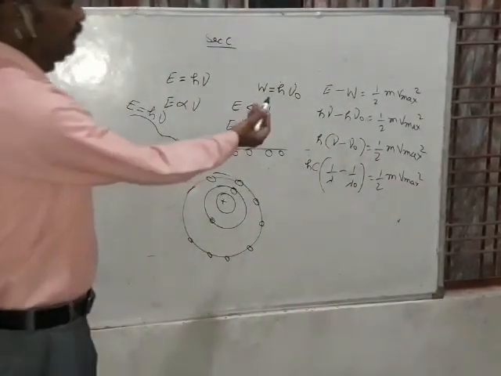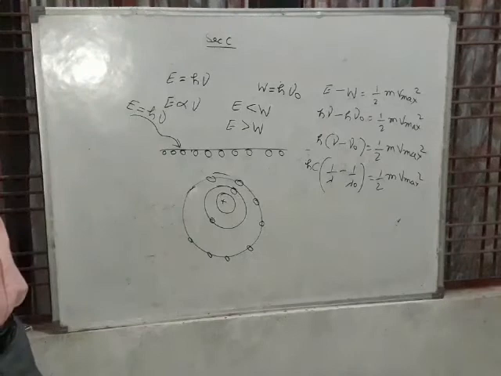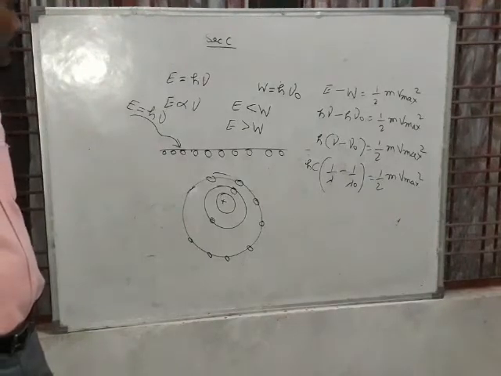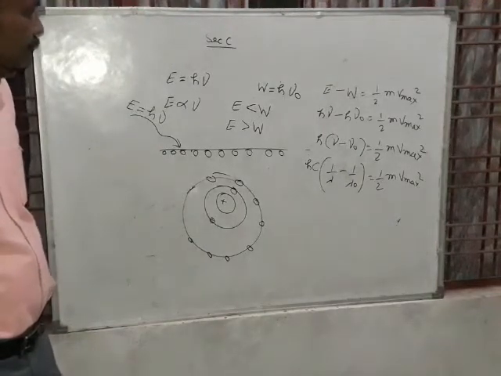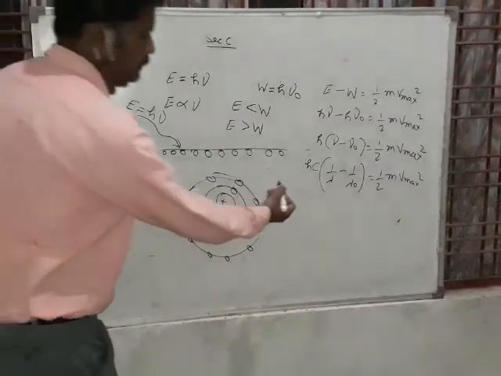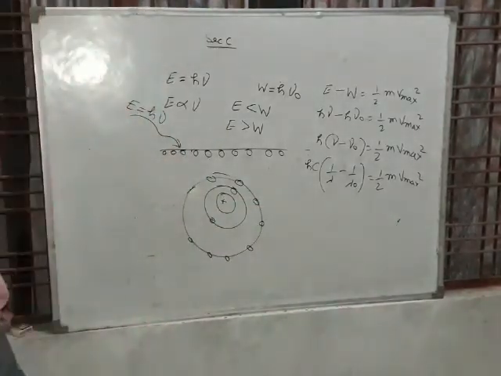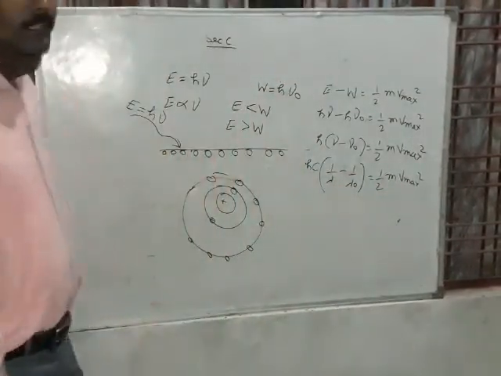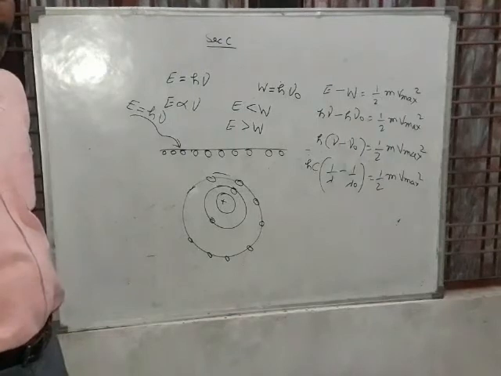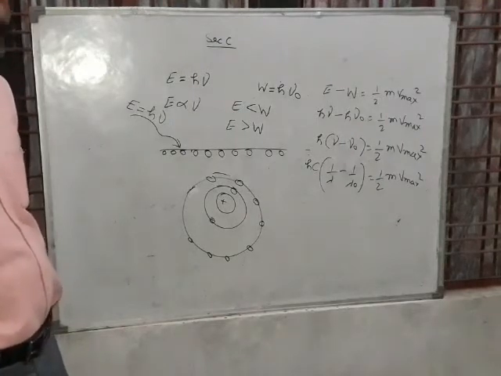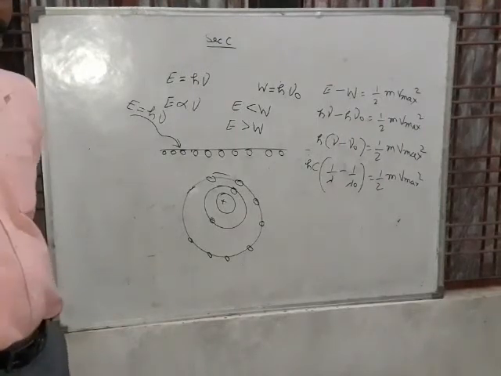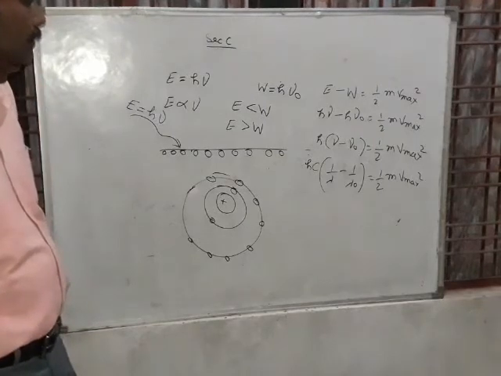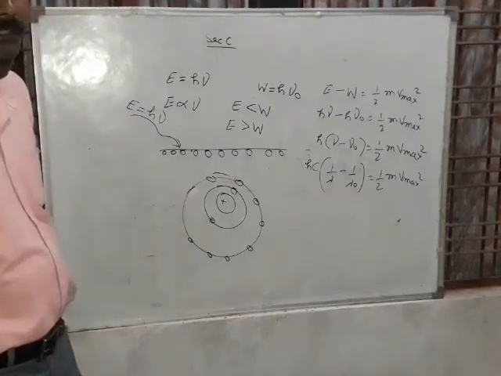Well, nu naught is known as the threshold frequency of the metal, and if the accelerating potential is V, then the kinetic energy half m v maximum square can also be written as eV. If the potential is V naught, then the energy will be eV naught.